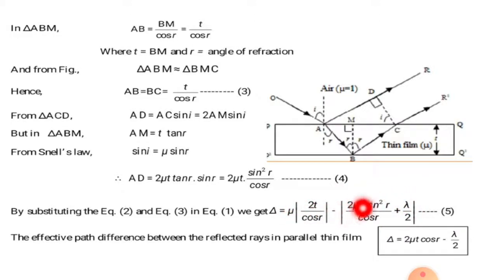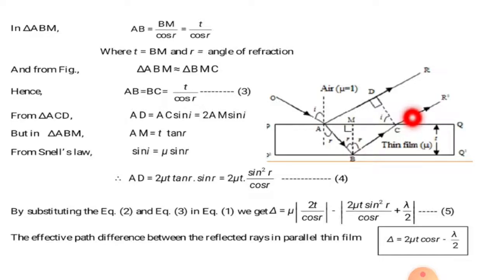Now simplify this equation. We get the path difference between the rays in a parallel thin film: delta is equal to 2 mu T cos R minus lambda by 2. This expression gives the path difference between the two light rays reflected from the upper and lower surfaces of the film.